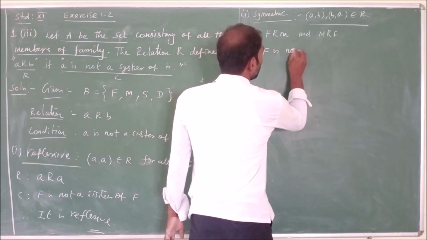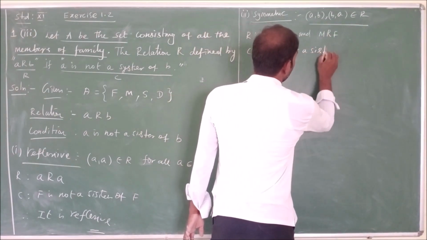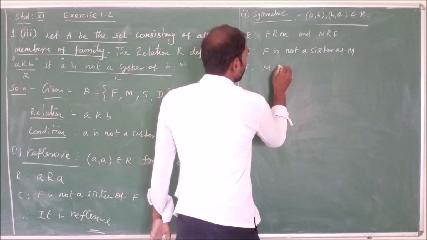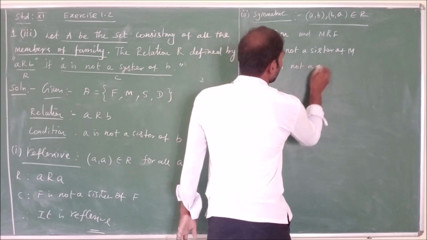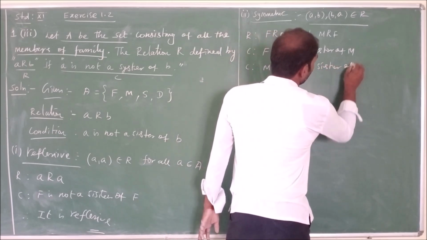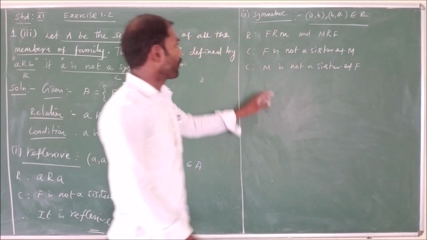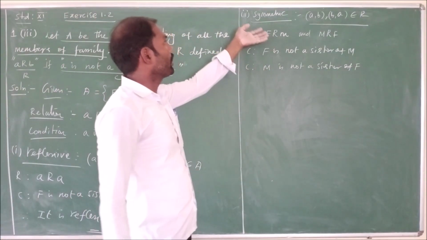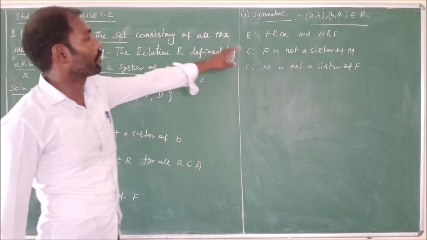F is not a sister of M, and M is not a sister of F. So we see that it satisfies the condition.